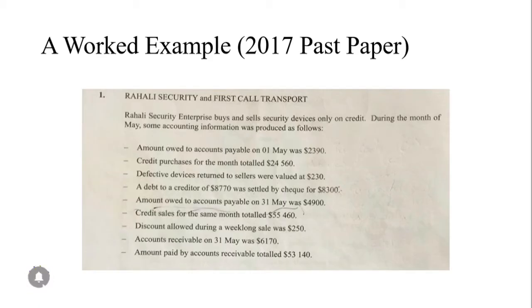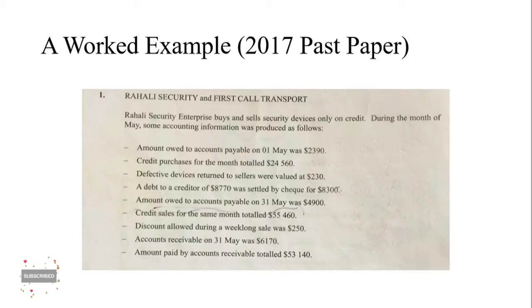I want you to notice that the first 5 transactions relate to the purchases or creditors control account, and the remaining 4 transactions relate to the sales ledger control account.